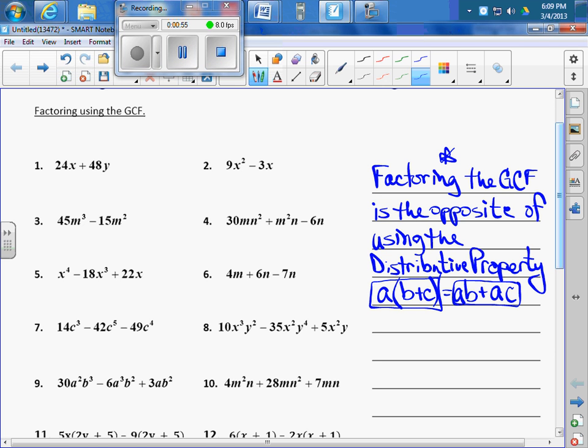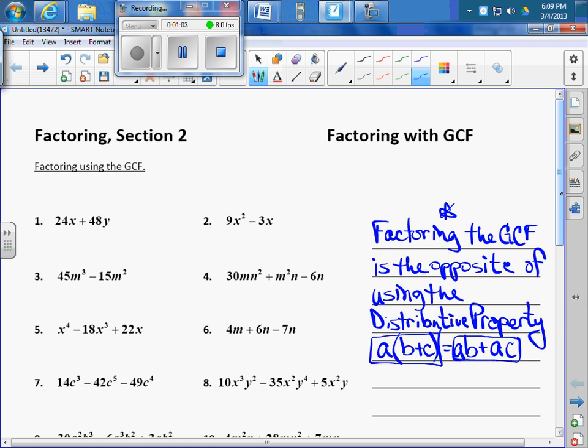In other words, we're just working it backwards. Keep in mind that factoring means to change the problem to multiplication.